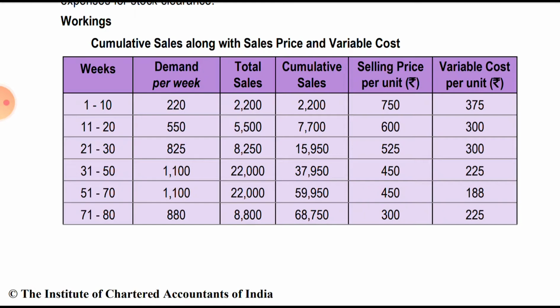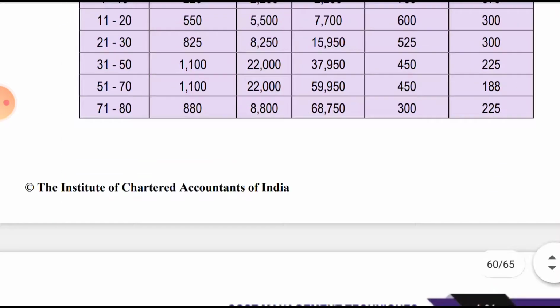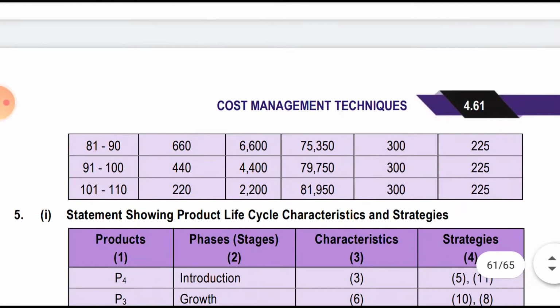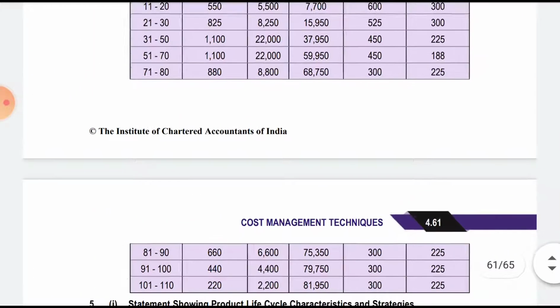Then we had separated this from 31st week to 70, it was given in one, but because of the change in the cost, see in the last variable column there is a change in cost from 225 per unit to 188. So because of that we had to separate those two columns. So 31 to 50, 51 week to 70, 71 week to 80, and it is continued, 81 to 90, 91 to 100, 110 to this. We will prepare this entire working.